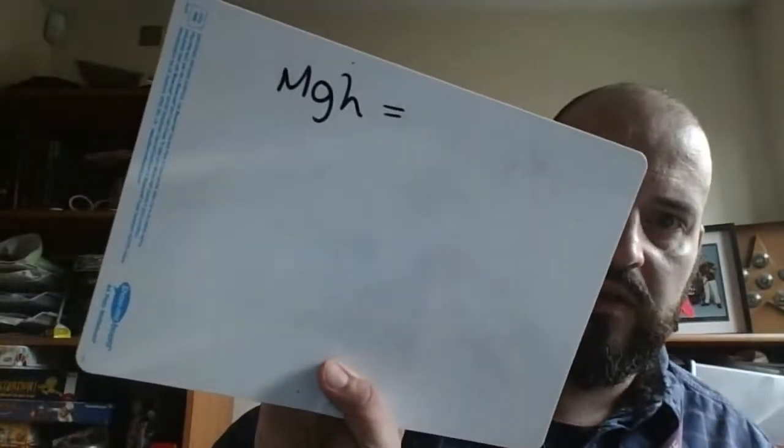What we want to look at is all the types of energy. So initially, the stone has some gravitational potential, mgh, and it also has some kinetic. So we'll start with what it has initially. Let's clean this board. So initially we've got some potential, mgh.